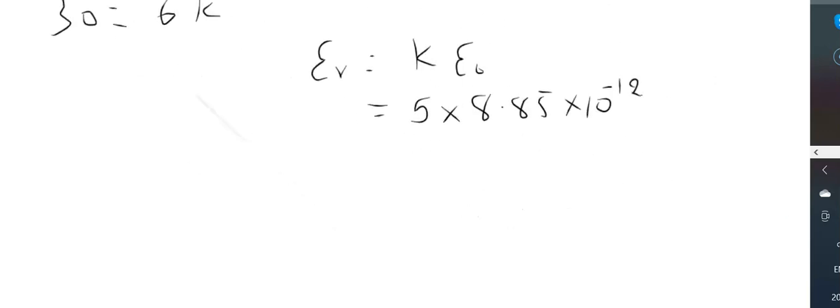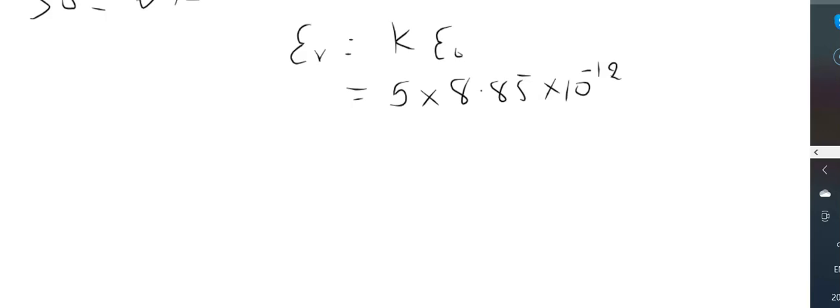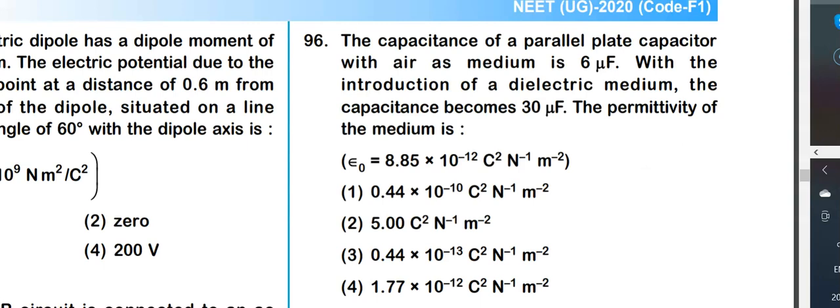When we multiply this and simplify, we get 0.44 into 10 to the power of minus 10. So option 1 is correct.